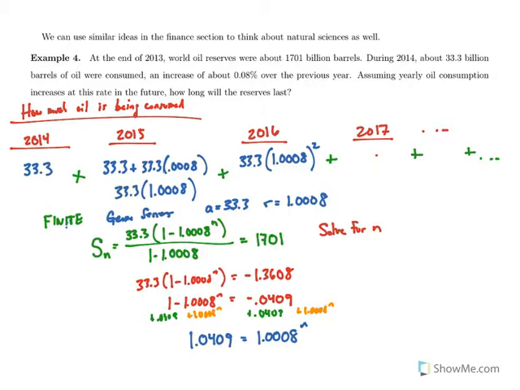If we want to solve for n here, we can take the natural log of both sides. So we get natural log of 1.0409 is equal to n times the natural log of 1.0008. And we divide.